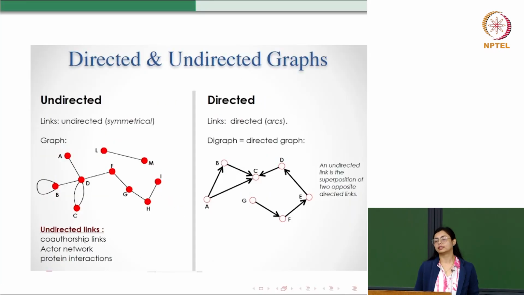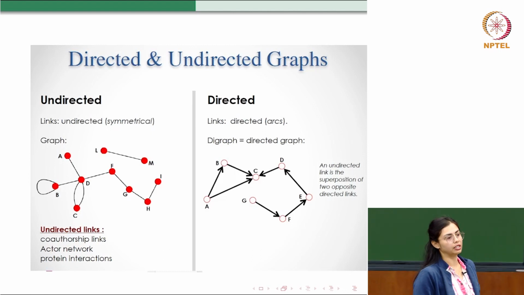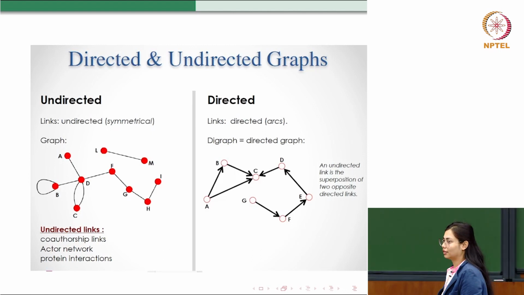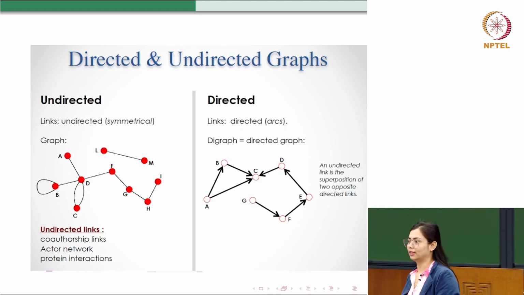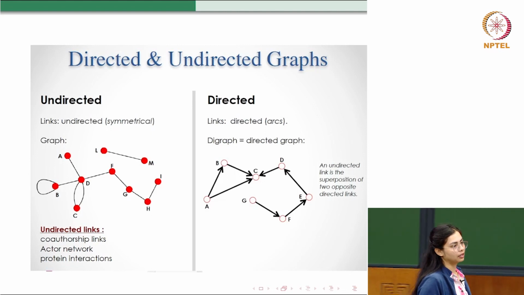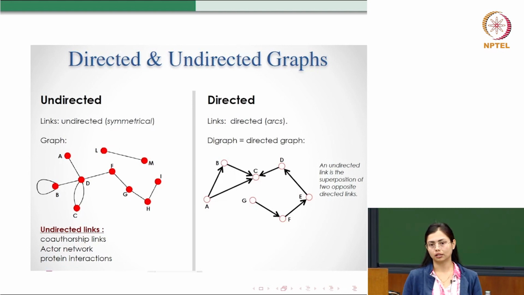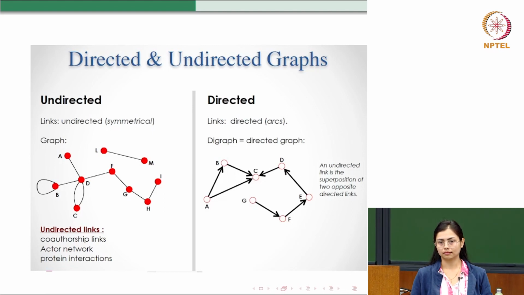Then, directed and undirected graphs. What are undirected and directed graphs? Just give me an example if you don't know the exact definition. In an undirected graph, if one node is linked to two other nodes, you can go to both the nodes, irrespective of direction.